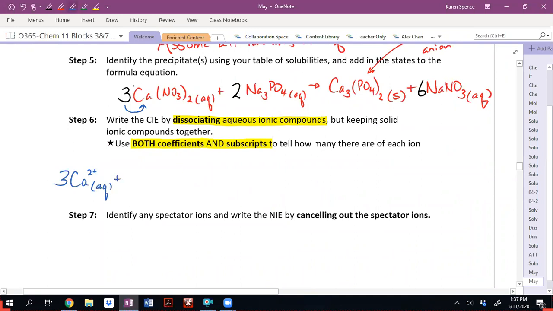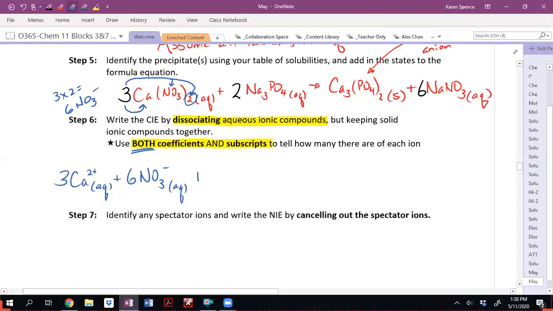Okay, now this next one, we have 3 nitrates, but I want you to take a look. What's that down there? We have 2 nitrates in that formula. So we have 3 times 2 is 6 nitrates, right? So we're going to write 6 nitrates. So this is where I'm saying, yes, you have to use both the coefficients and the subscripts to tell how many ions. You can't just use one or the other.